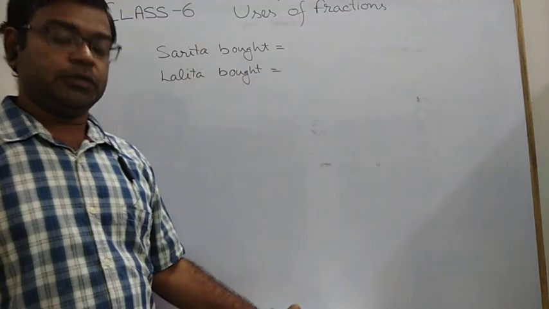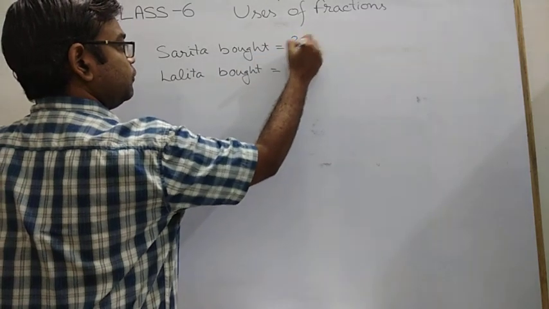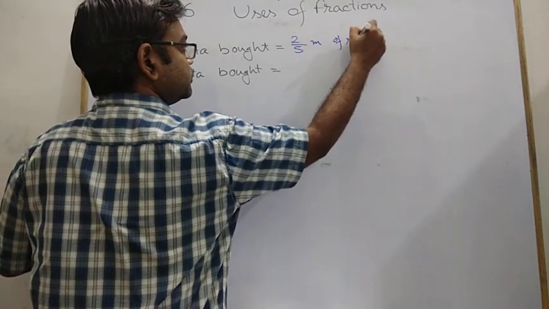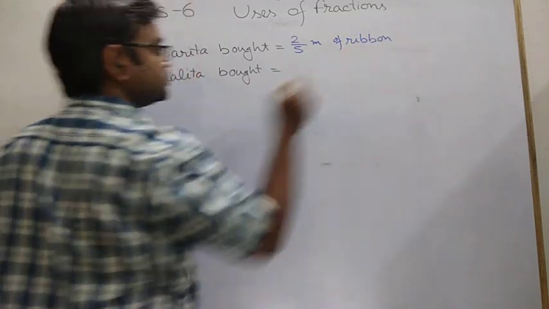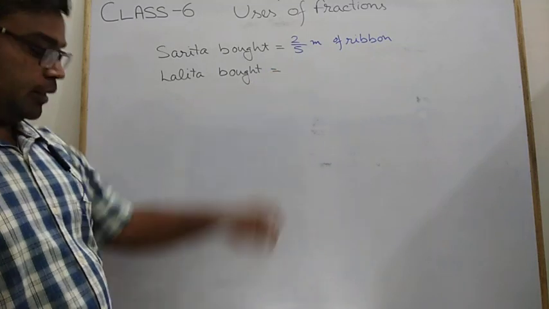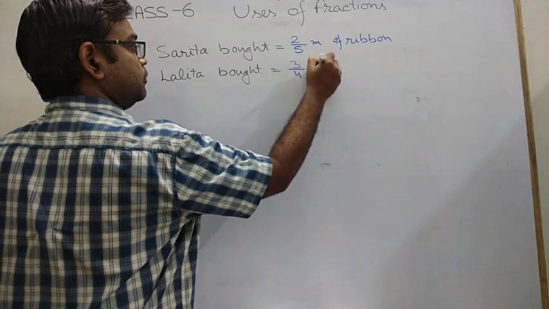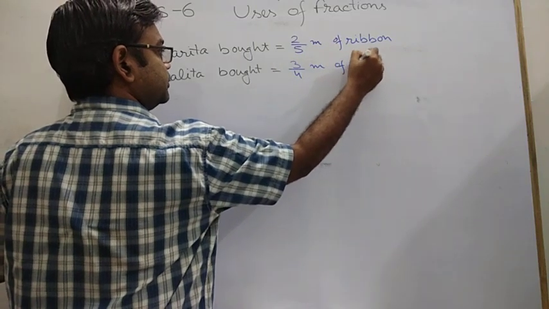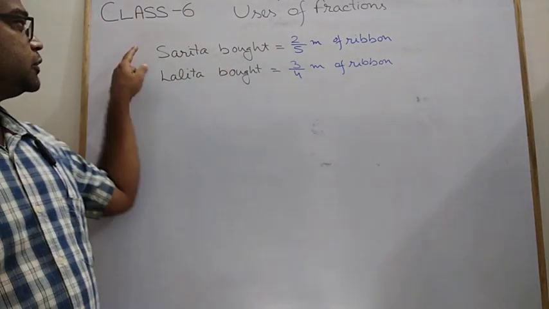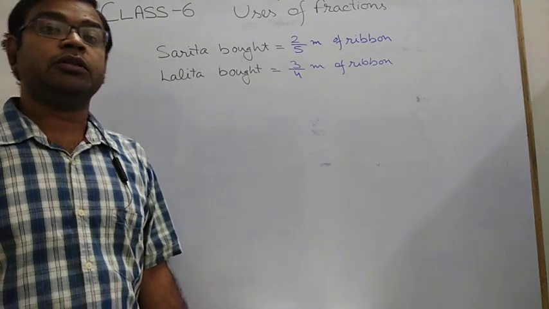What they purchased: 2/5 meter, M for meter, of ribbon, and then Lalita bought 3/4 meter of ribbon.